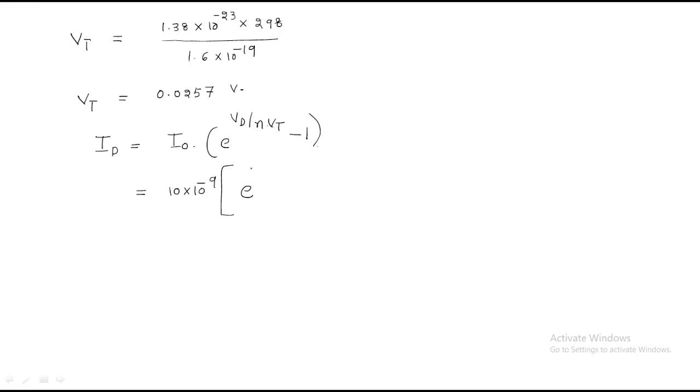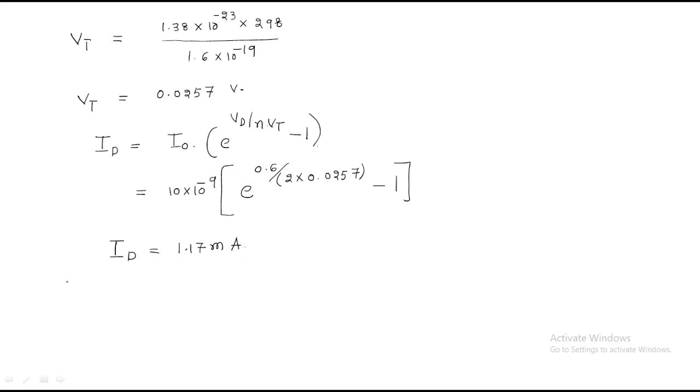VD means forward bias voltage, which is already given as 0.6, and eta is the ideality factor 2. VT is 0.0257, minus 1. By doing the calculation, we will get the diode current ID value as 1.17 milliamps.